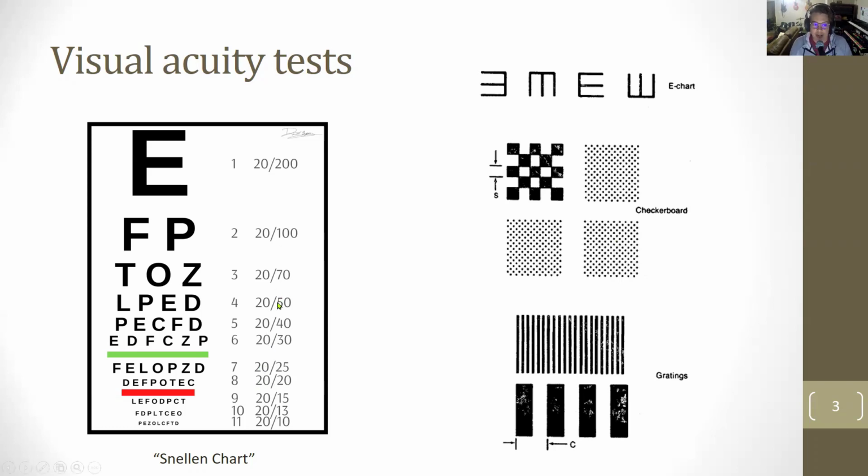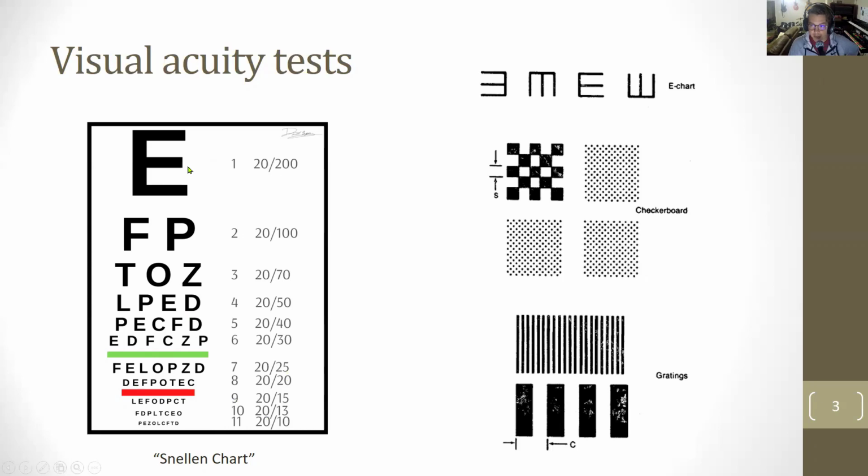Just know for now that our standard measure of acuity, our comparative value, is 20/20, and that's this underlined red line here on this tool, which we call a Snellen chart, named after someone named Snellen.